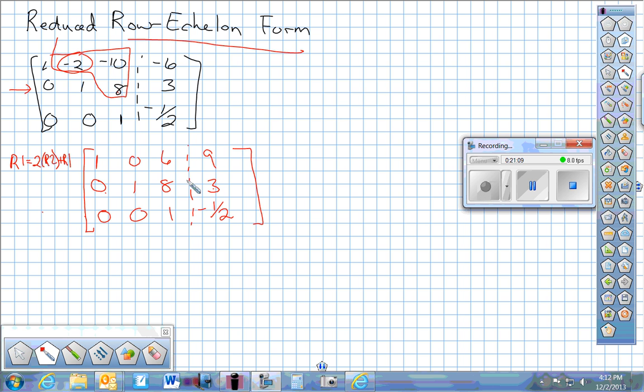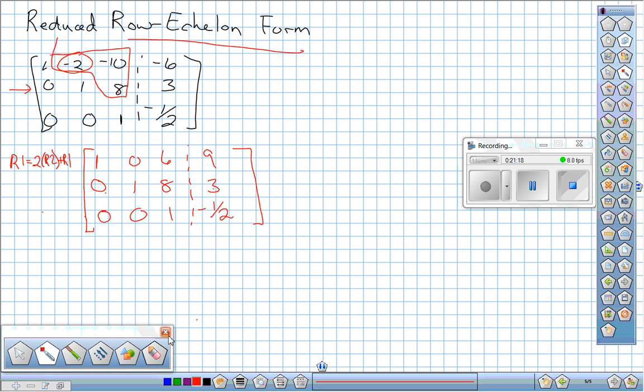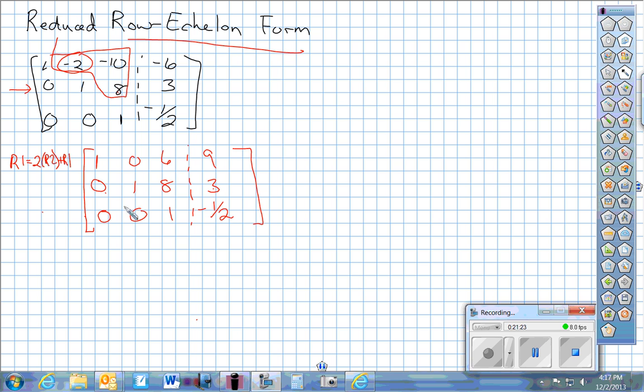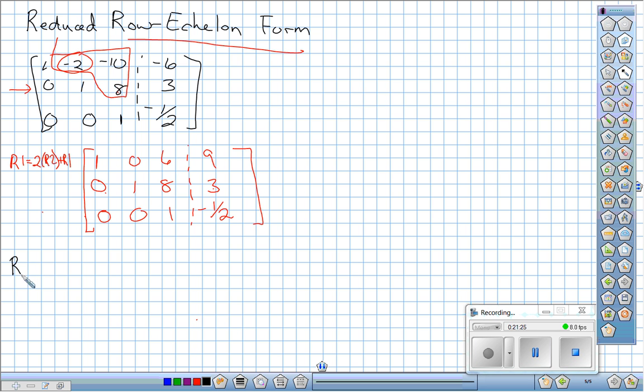Okay, now I have to get rid of the 6 and the 8 here. And so the first thing I'm going to do for that is I'm going to have a new row 1 and a new row 2. Okay, and then in order to get rid of the 6, I'd have to multiply. So to get 6 to go away, I will have to multiply the third row by negative 6 and add that back to my old R1.